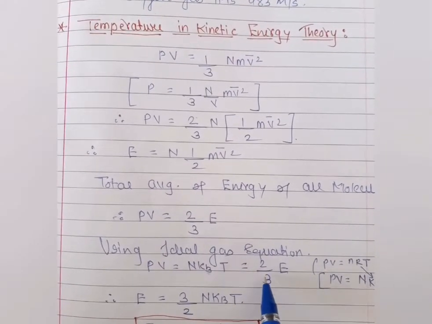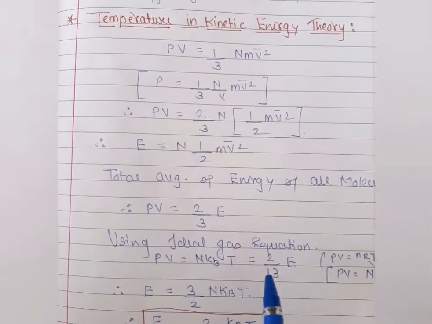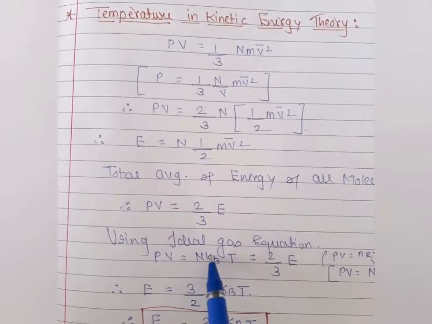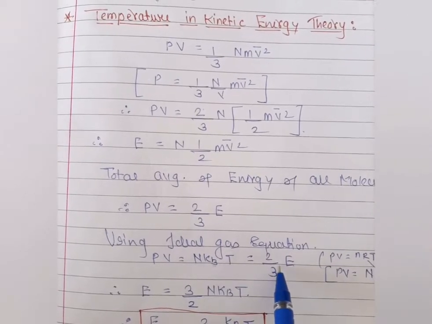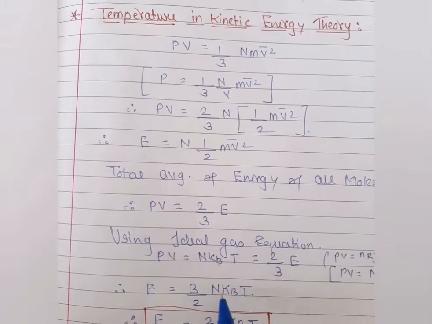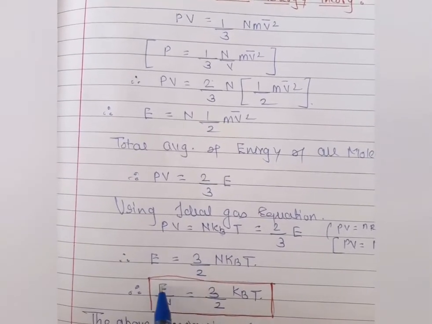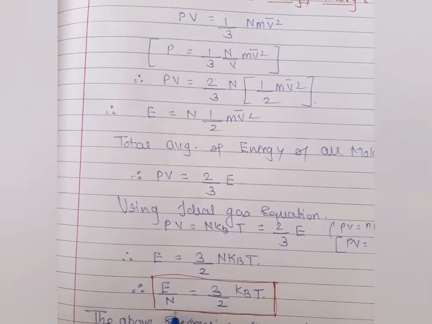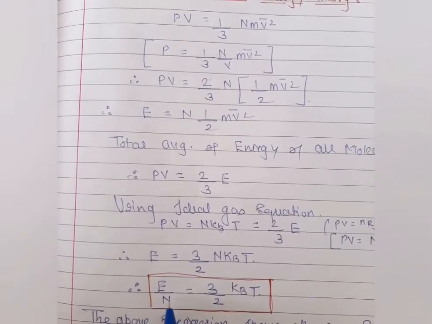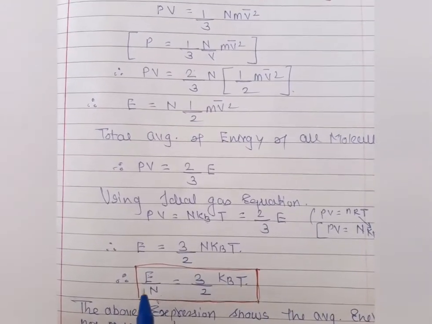So where E as it is, when we take the inverse of 2 by 3, it becomes 3 by 2 N kB T. E as it is, with 3 shifted and 2 in the denominator, is 3 by 2 N kB T. Here again we rearrange this term, that is E divided by the number of molecules, so that is 3 by 2 kB T. What does it mean?